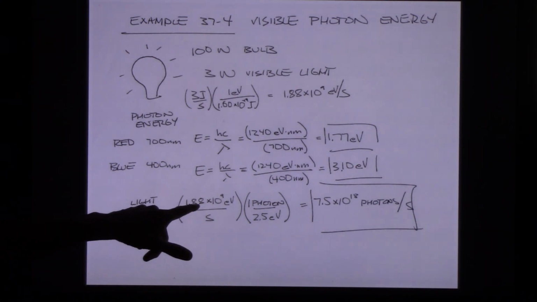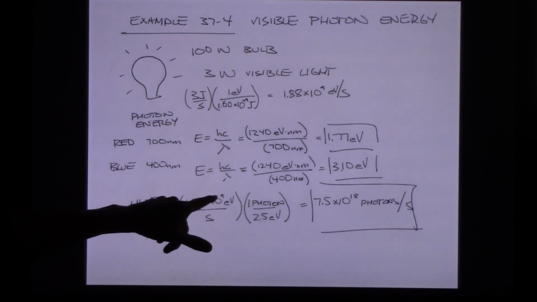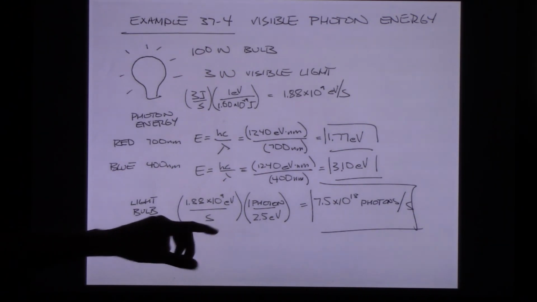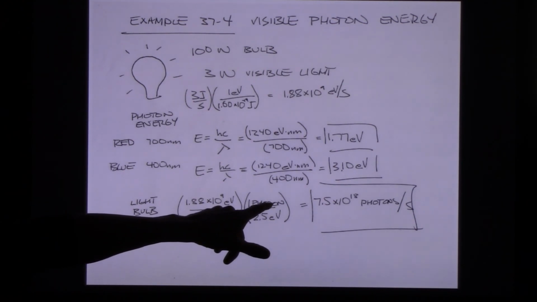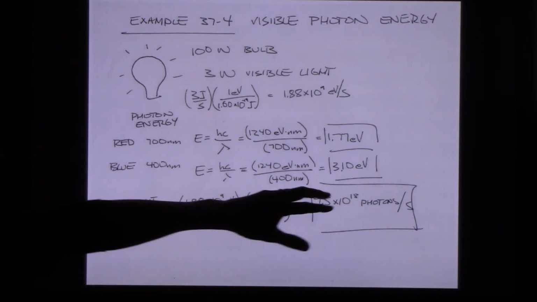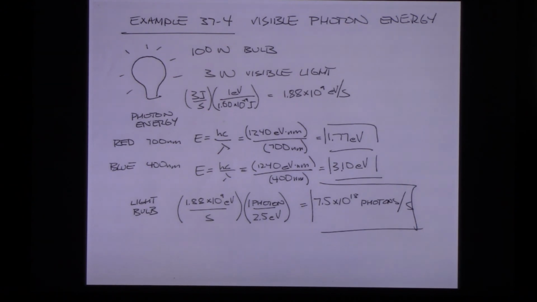So I took my 1.88 times 10 to the 19th eV per second and converted that into number of photons, and now I got the right answer: 7.5 times 10 to the 18th photons per second. So I've got to make a note to get that corrected too.